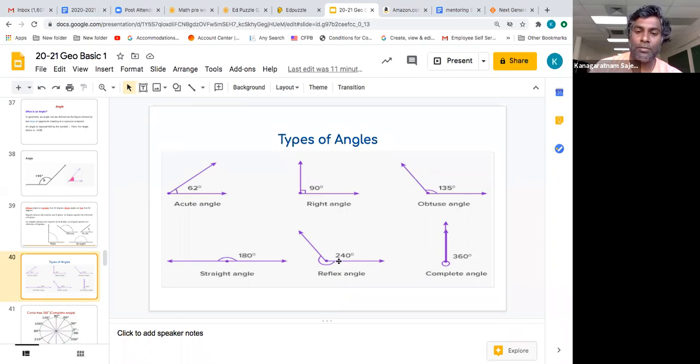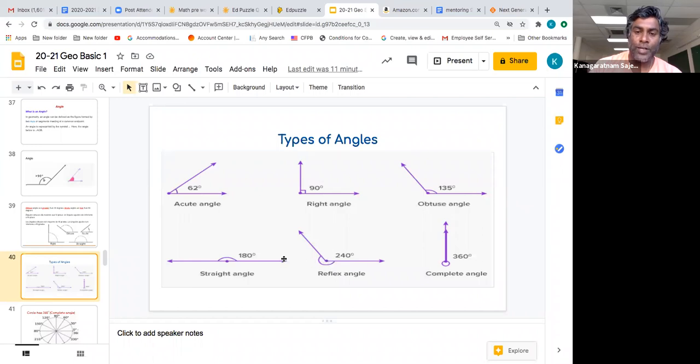A reflex angle is more than 180 degrees but less than 360 degrees. If you measure this way, it's 240 degrees, which is more than 180 degrees.